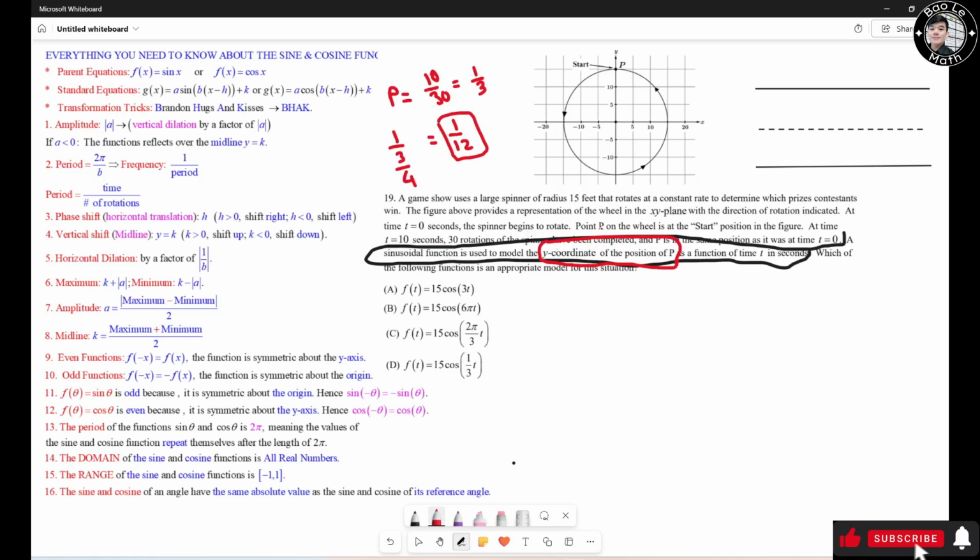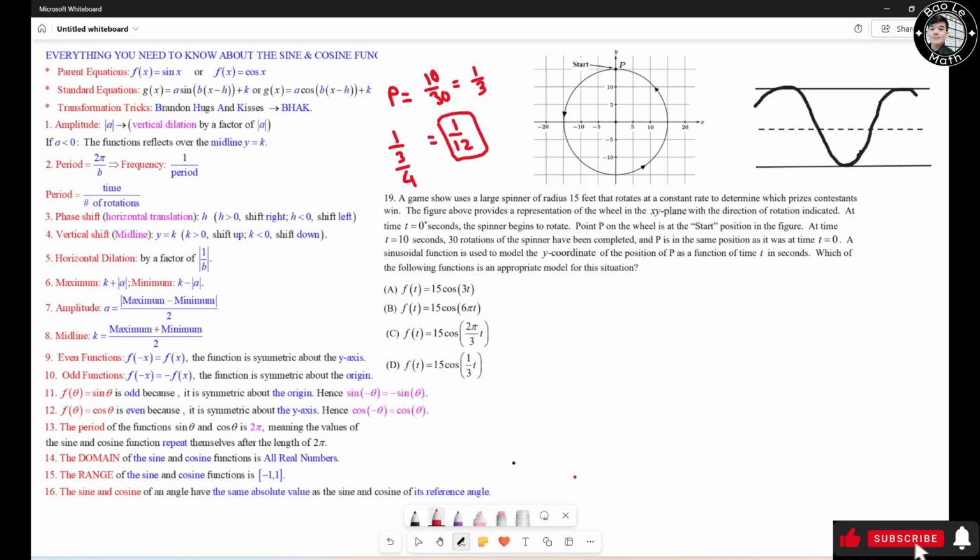Now, we need to sketch the sinusoidal function for this spinner, right? So, it's gonna be like this. At t equals 0, the spinner begins to rotate, right? So at t equals 0, point P is right here, right?